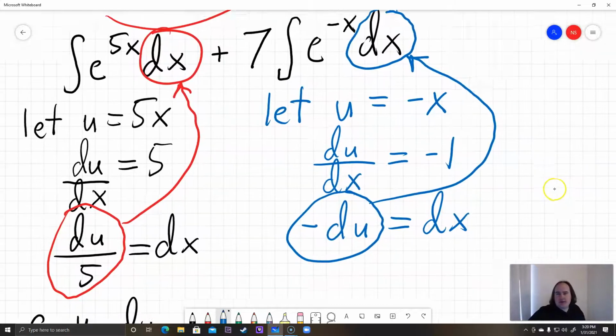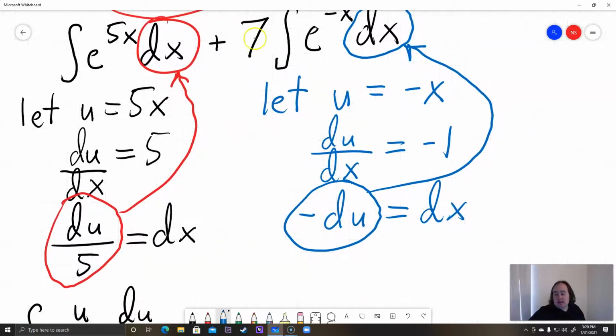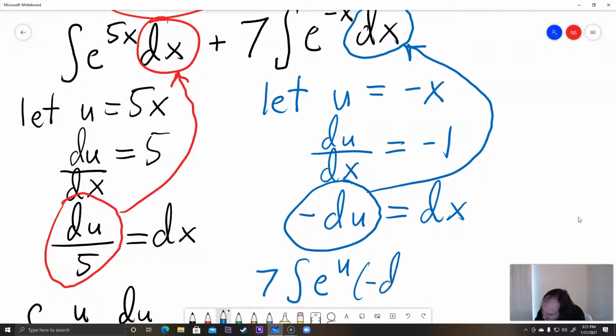So plugging in, we still have a 7 out front. So we're actually going to have 7 times the integral of e to the u times negative du, because remember, dx is actually negative du here. So that's what we're plugging in there.